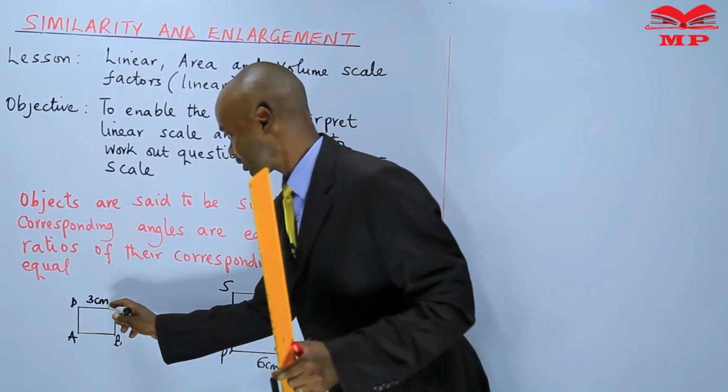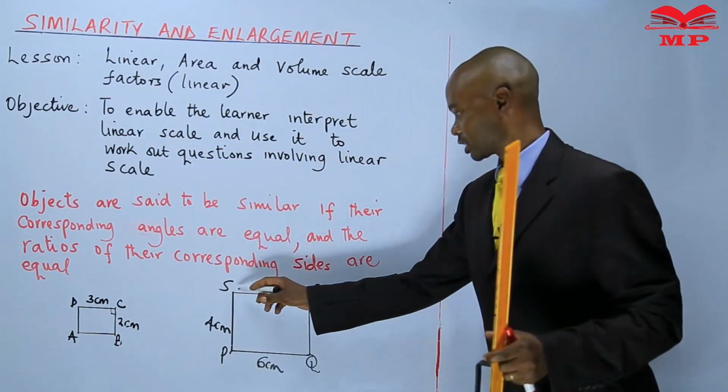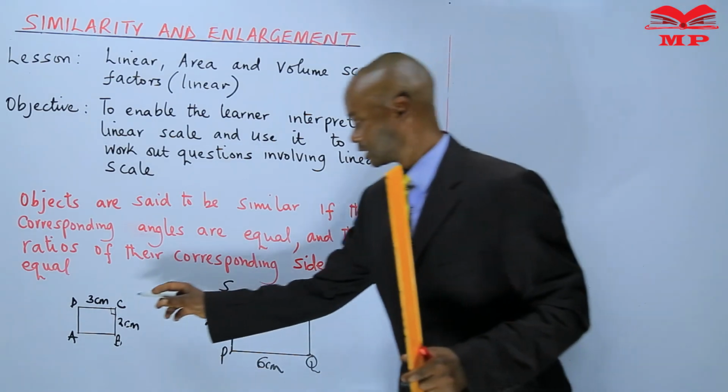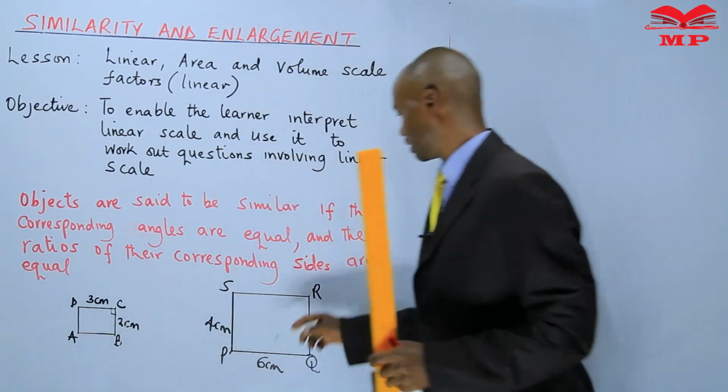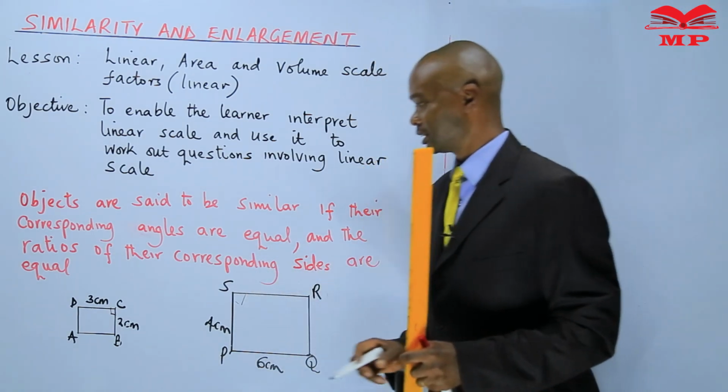If you look at angle DCB, it corresponds to SRQ. If you look at angle CDA, it corresponds to RSP, and it is a right angle.